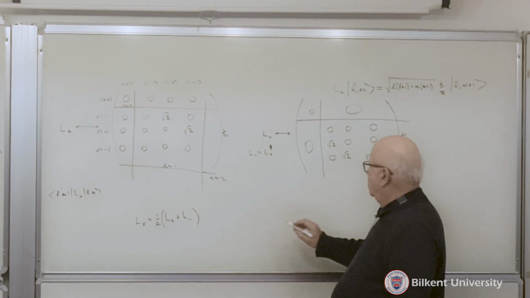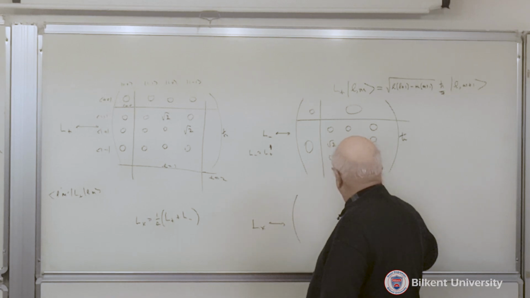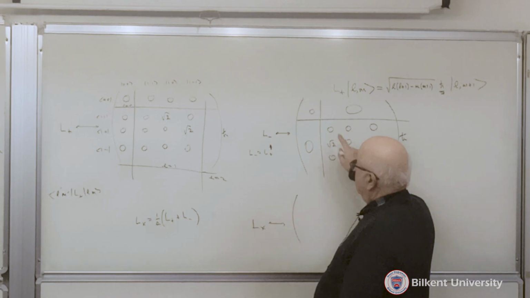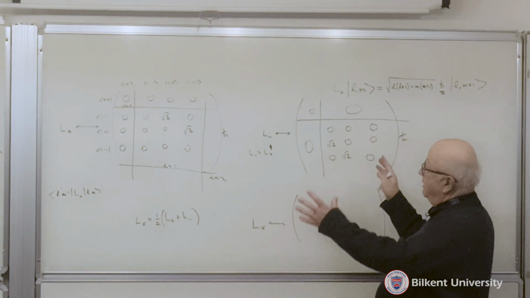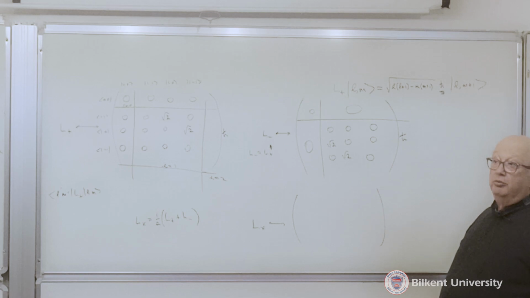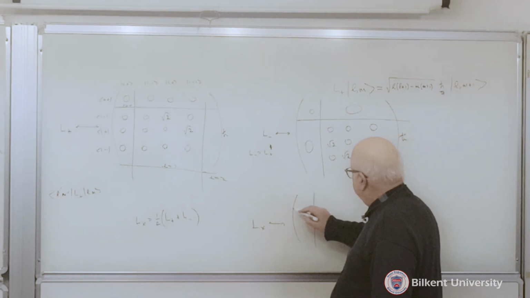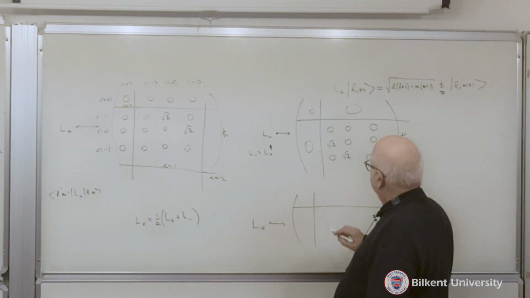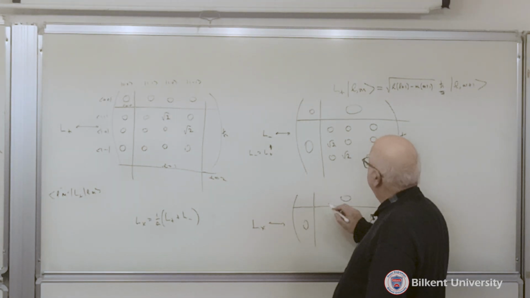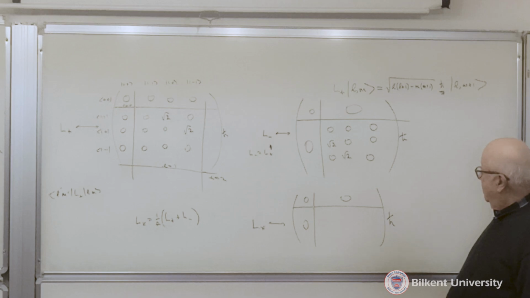So Lx has a matrix representation which looks like this whole thing, their sum, divided by 2. So what do I get? Again, this is the L equal to 0 part that I'm going to separate out. That's 0 plus 0, that's no problem. Let me not forget the h bar and put it there.